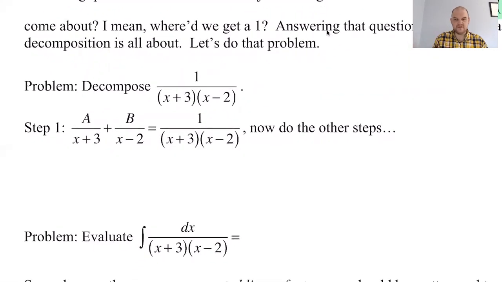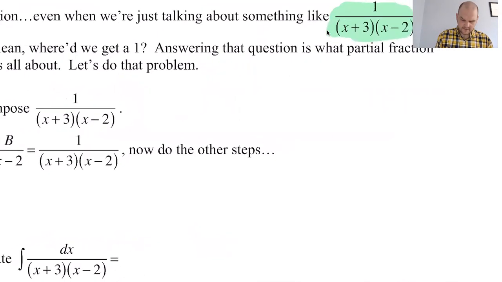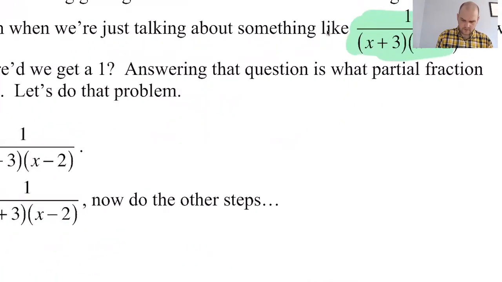So the way that you do it is you start off with that idea, right? 1 over x plus 3 times x minus 2 should have been something over x plus 3 plus something over x minus 2. They need to be proper fractions. So for a proper fraction, the degree of the numerator is less than the degree of the denominator. So the denominator is linear, right? So let me write that down, I guess.